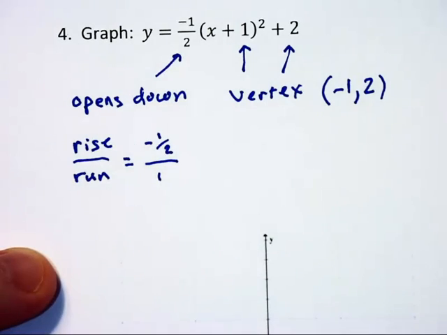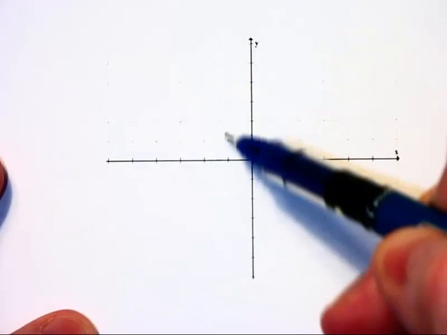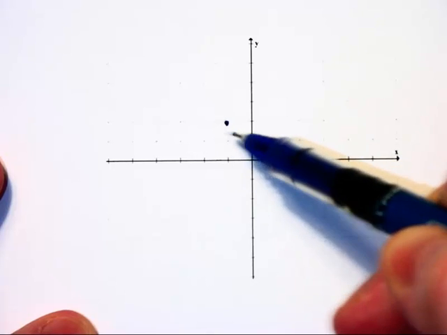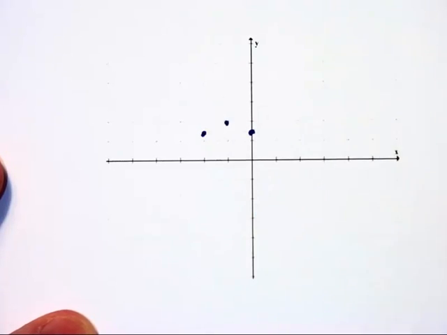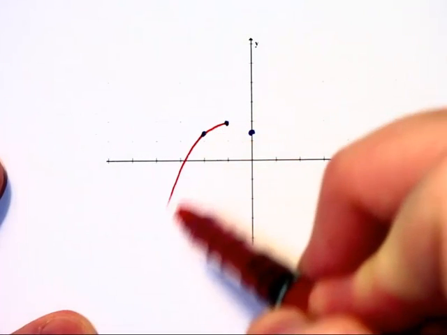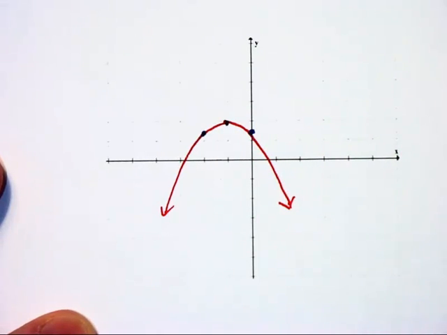So let's use those key features here. Our vertex will be at -1, 2, and it's going down 1/2 over 1, which gives us 2 more key points right there. Now, personally, that's all I need. They didn't ask for additional points, so that would be our graph.